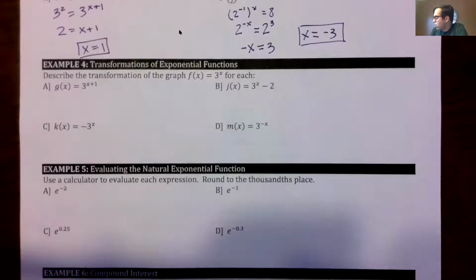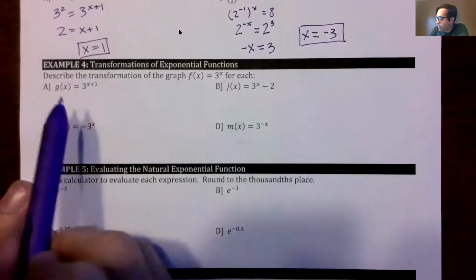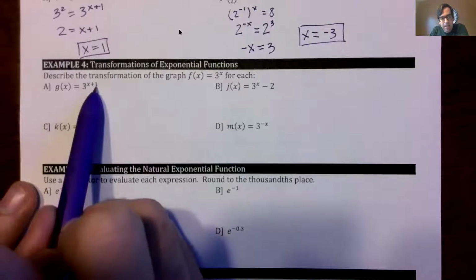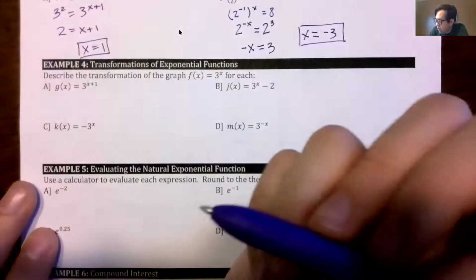So let's see. If we have a number added or subtracted in with the x, think about it just like our original transformation guidelines, right? If we have a number added or subtracted, we shift left or right.